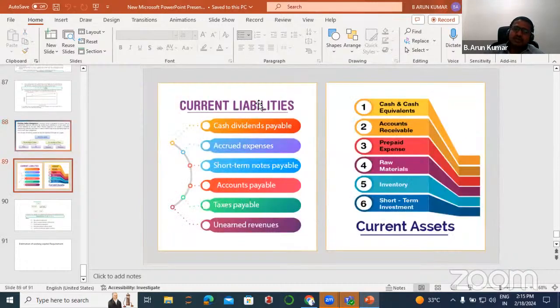The current liabilities are cash dividend payable, accrued expenses, short-term notes payable, accounts payable, tax payable, and unearned revenues. The current assets are cash and cash equivalents, accounts receivable, prepaid expenses, raw material, inventory, and short-term investments. The difference between current assets and current liabilities we call working capital.